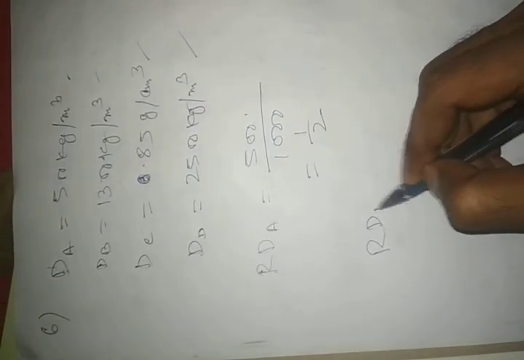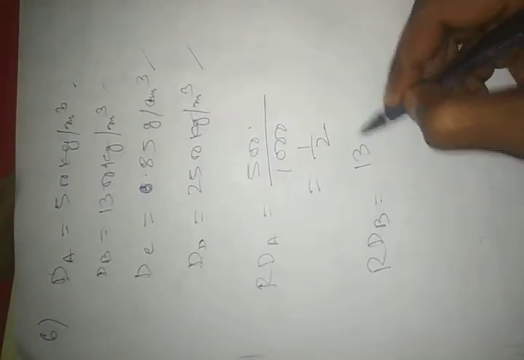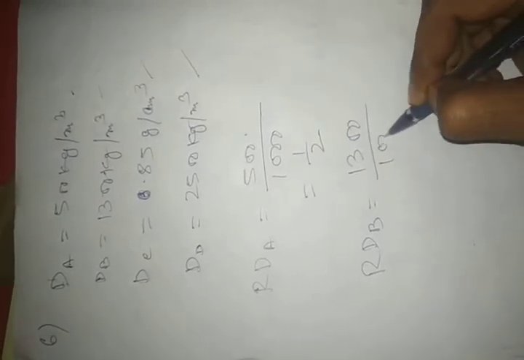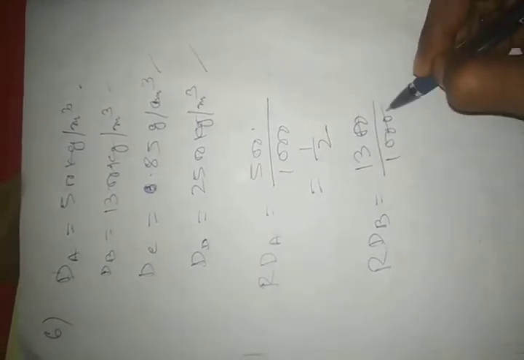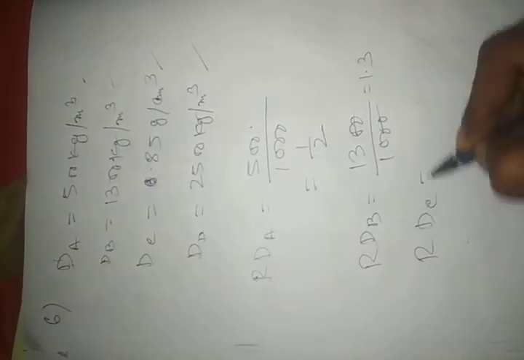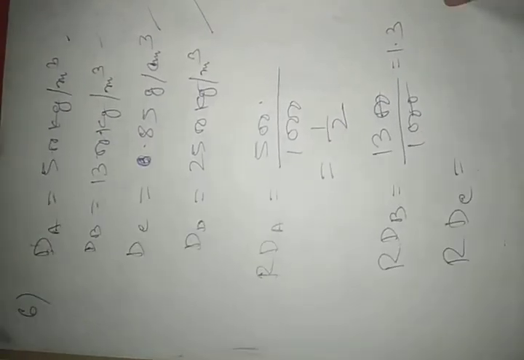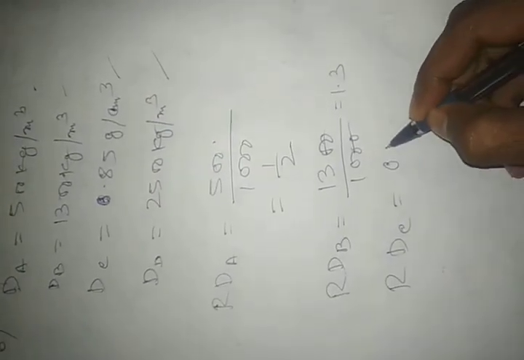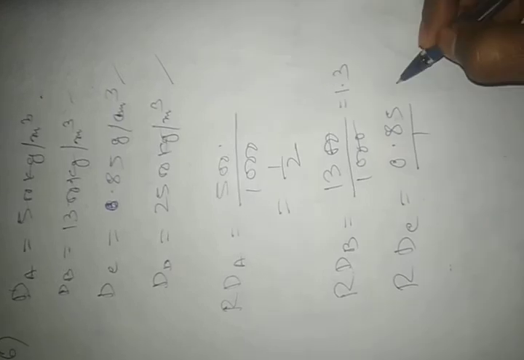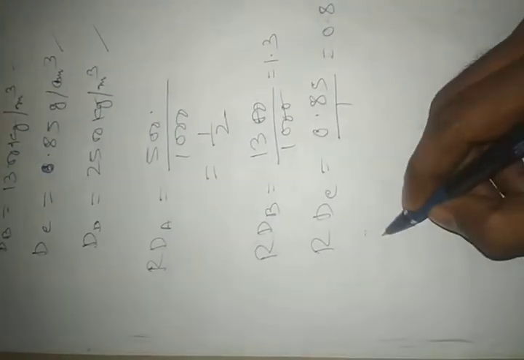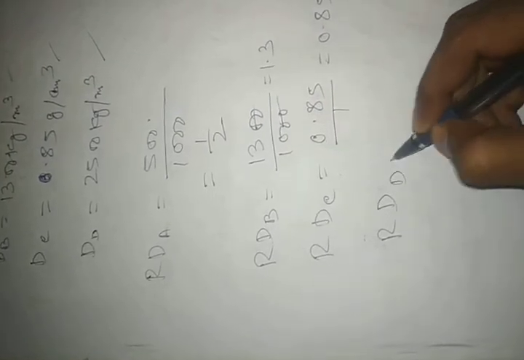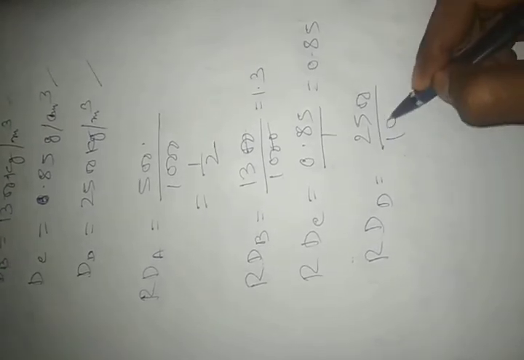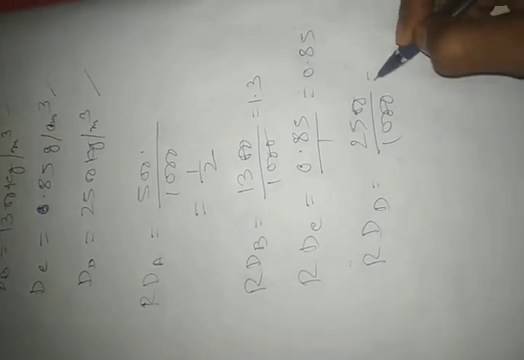Relative density of B is also in SI process, so again divide by 1000, and that becomes 1.3. Relative density of C is given in CGS process, so you divide it by 1, and that becomes 0.85. Relative density of D is in SI process, so divide by 1000, and that becomes 2.5.